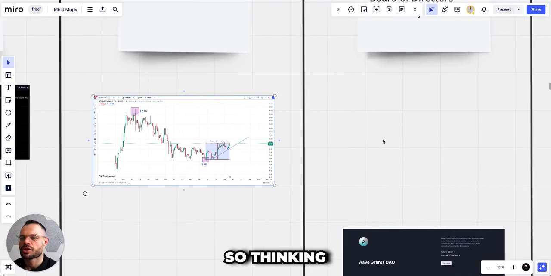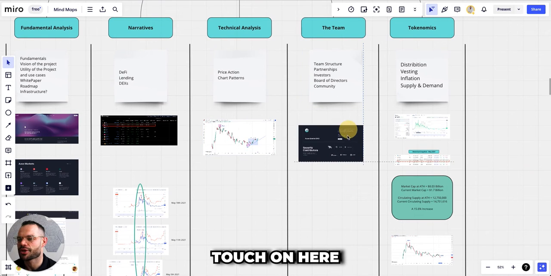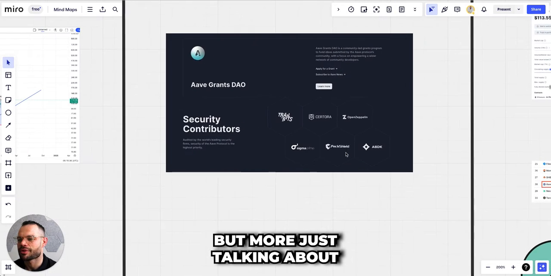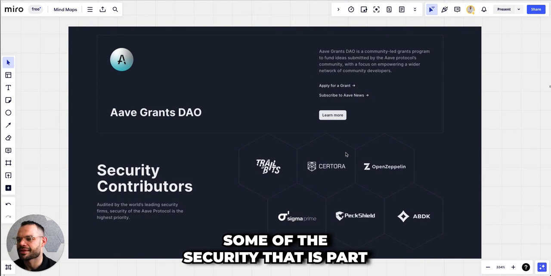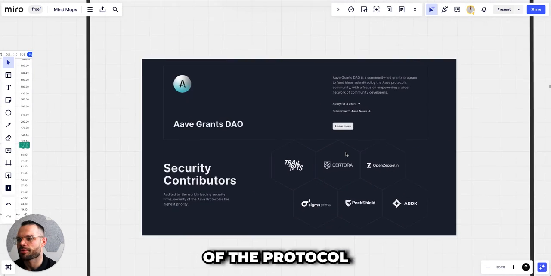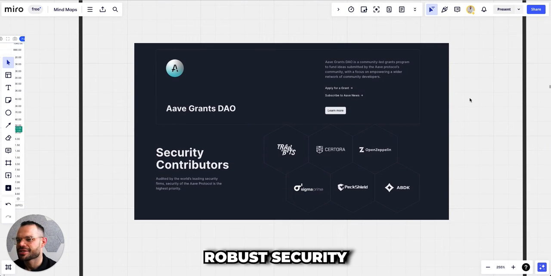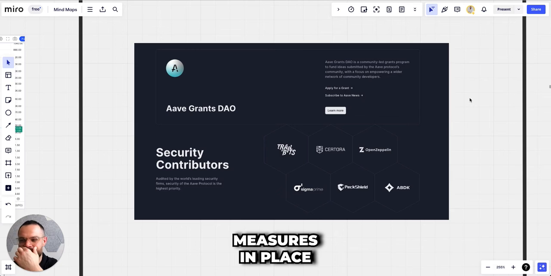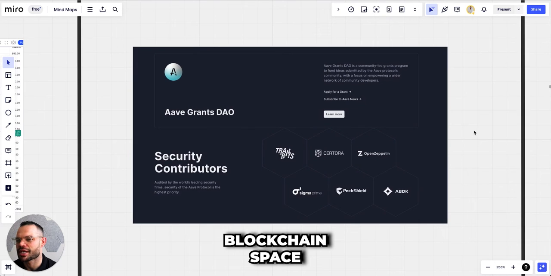So thinking about the team, not a huge amount to touch on here, but more just talking about some of the grants and the security that is part of the protocol, because they've got very robust security measures in place. They have been audited by a number of the largest and leading security firms in the blockchain space.